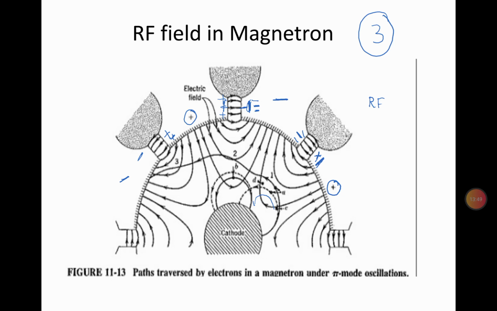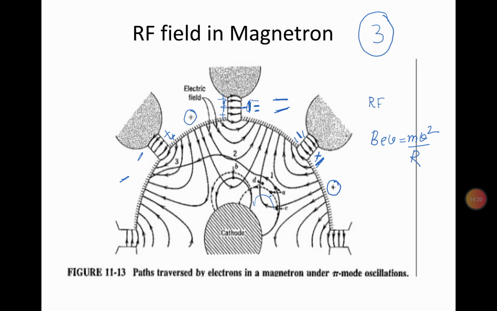Now please note, you see this negative here, isn't it? When the electron comes to this position, what is it facing? It is facing a negative potential. Let me understand this again, using mv squared by r. When the electron moving with a particular velocity v faces a negative potential, what does it undergo?